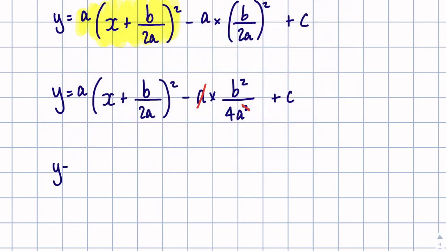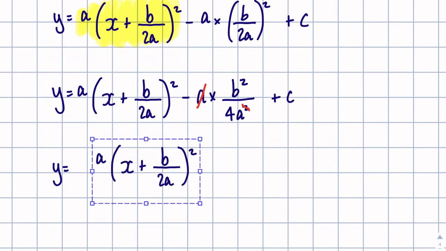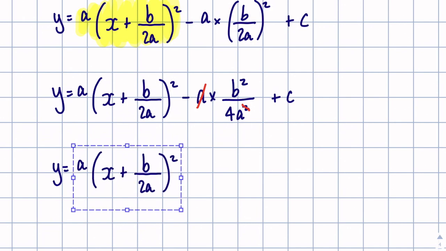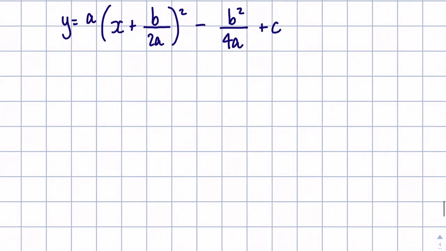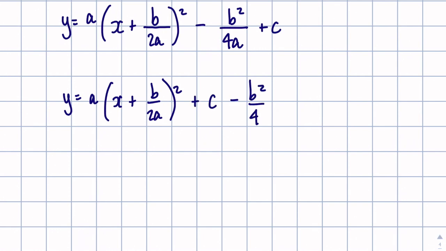So I end up with y equals, and I've got this first term again, take, and now you can see that I've got b squared on 4a plus c. On this right hand side I want to get them together. So y equals a outside of x plus b on 2a squared plus c minus b squared on 4a.